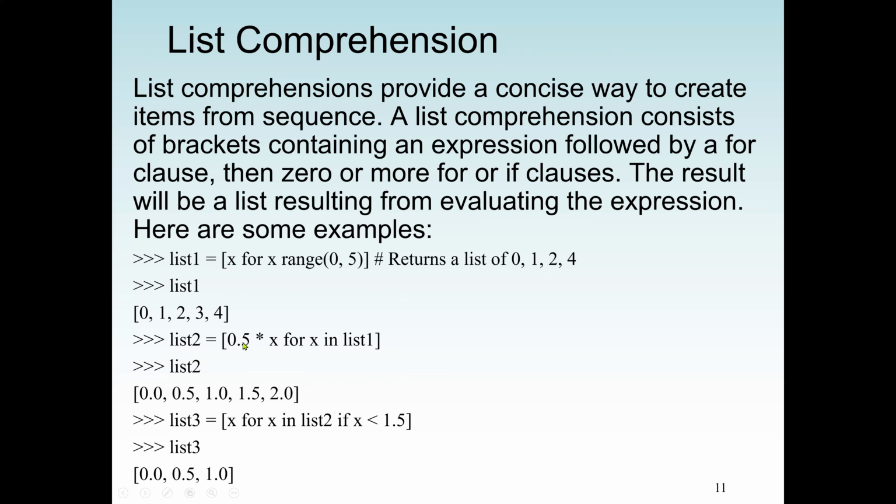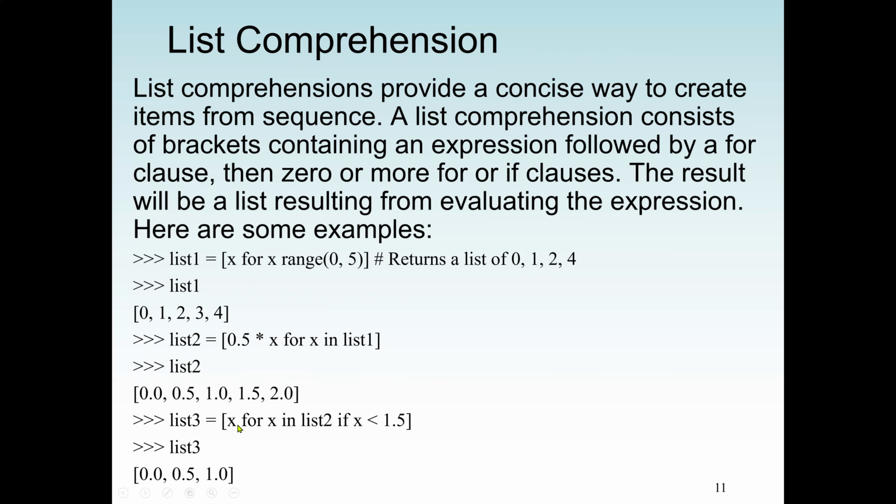So our answer will be 0 times 0.5 will give us 0.0. 0.5 times 1 will give me 0.5. 0.5 times 2 will give me 1.0. 0.5 times 3 will give me 1.5. And the last value, 0.5 times 4 will give me 2.0.